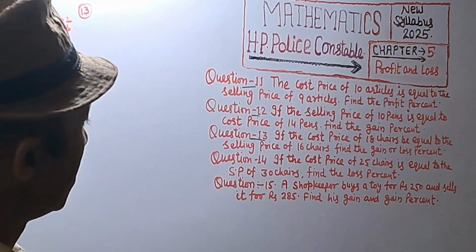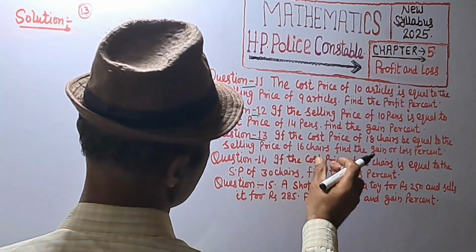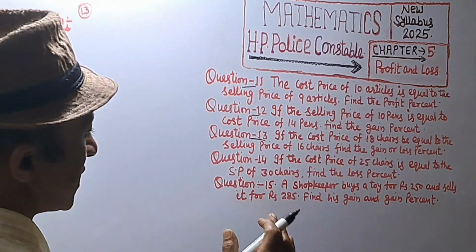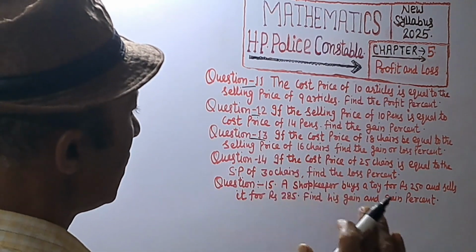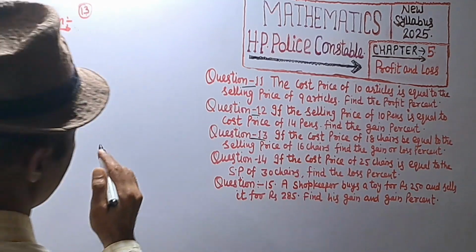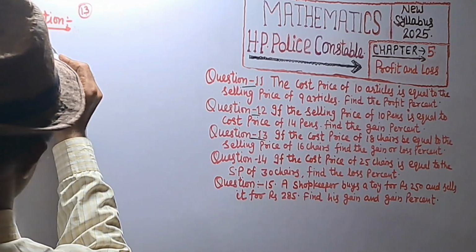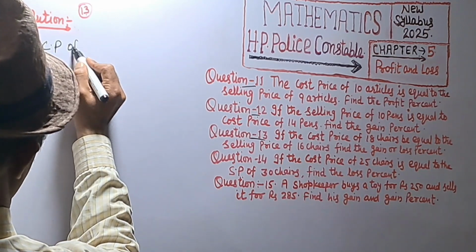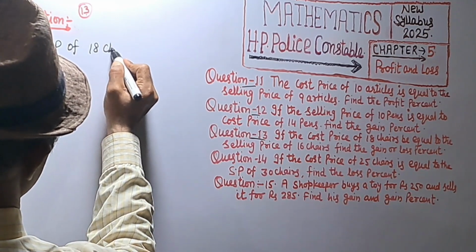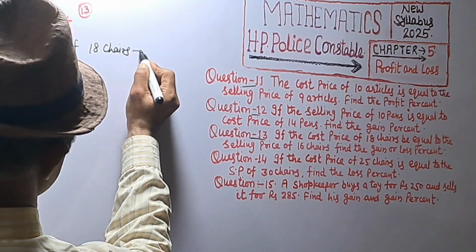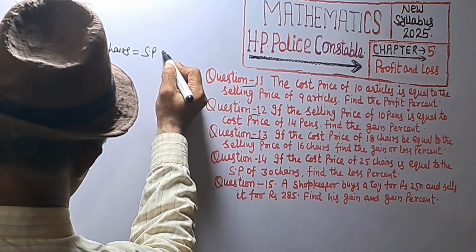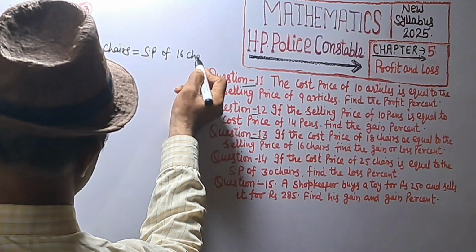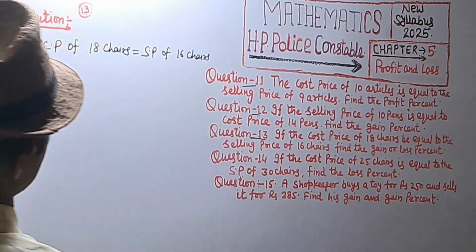Question number 30. If the cost price of 18 chairs is equal to the selling price of 16 chairs, find the gain or loss percent. Cost price of 18 chairs equal to selling price of 16 chairs.